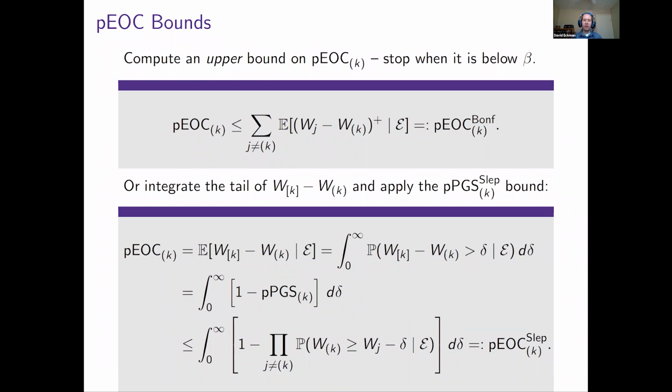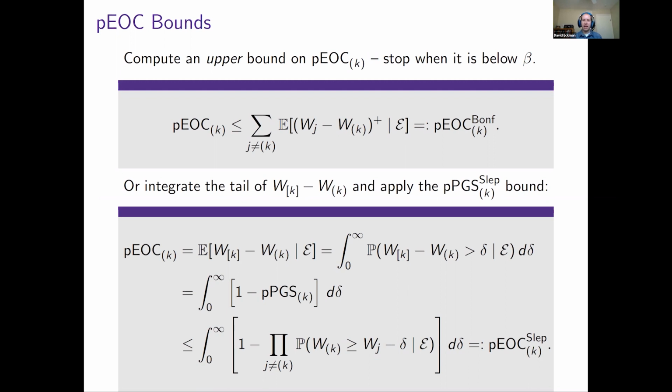And from what we could tell, there is not a Slepian's inequality or a Slepian bound on posterior EOC, but we were able to come up with one by using the trick that the expected value of a non-negative random variable can be calculated by integrating over the tail CDF. And so what that gives us is we can replace the expected value here with the integral over the tail CDF.